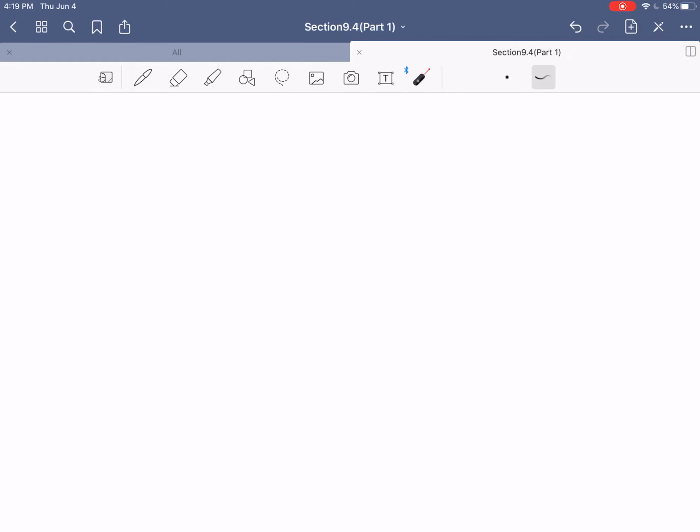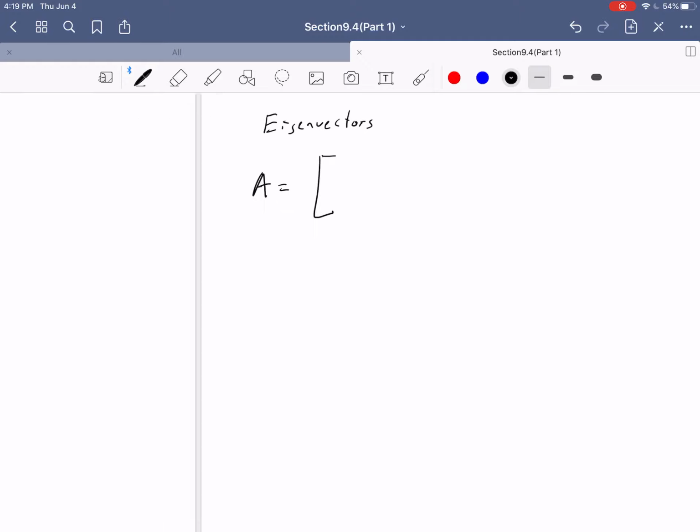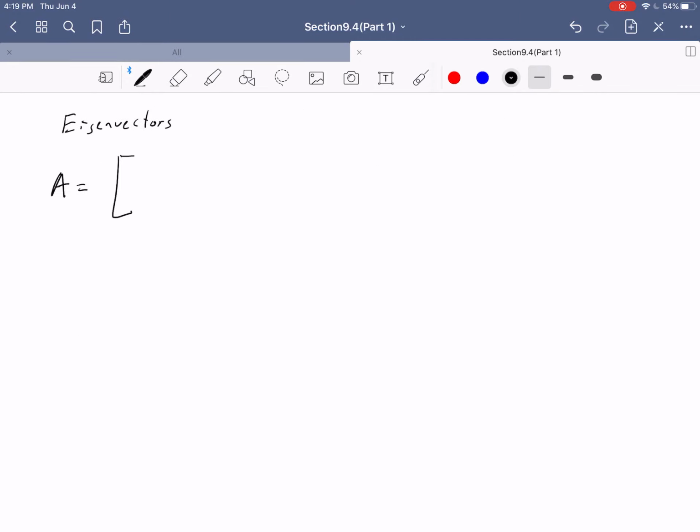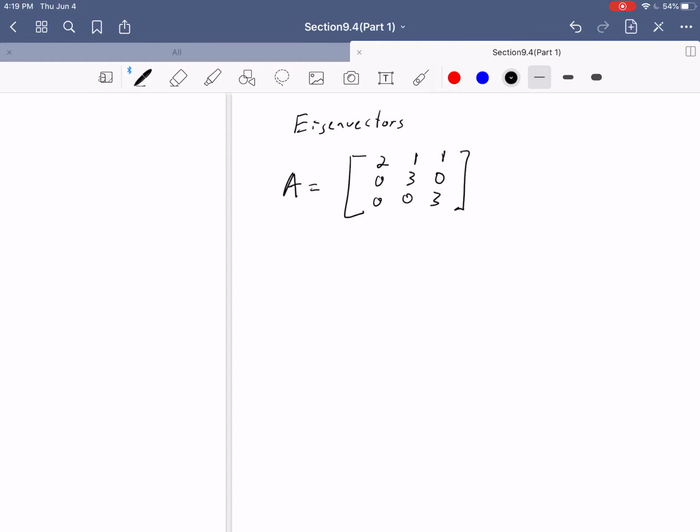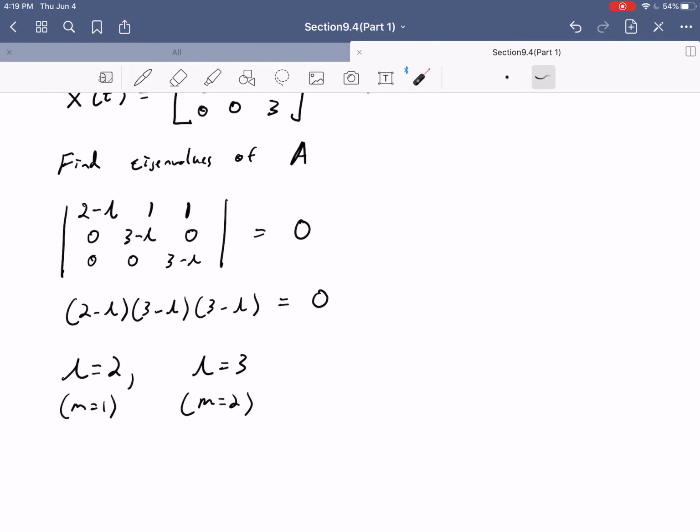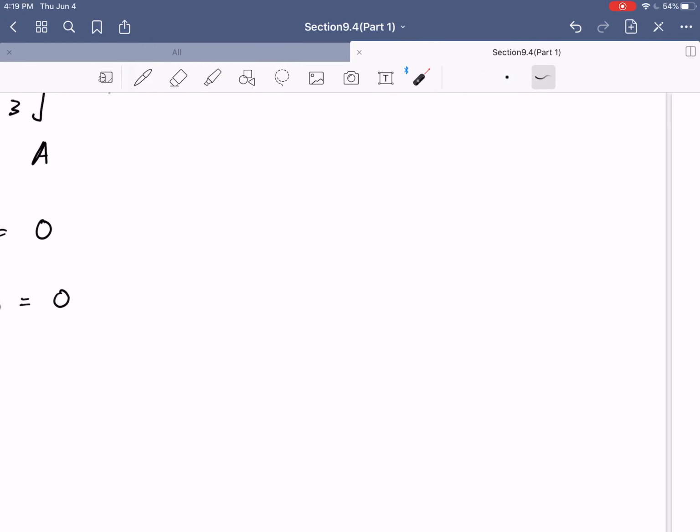So give ourselves another page here. So eigenvectors. Again, I'll just rewrite our matrix A, the actual matrix here was 2, 1, 1, 0, 3, 0, 0, 0, 3. So let's start with the one that we're sure is going to work out nicely, lambda equals 2.